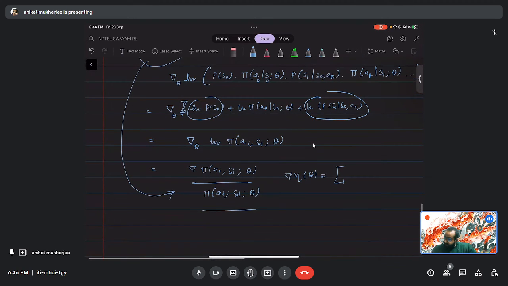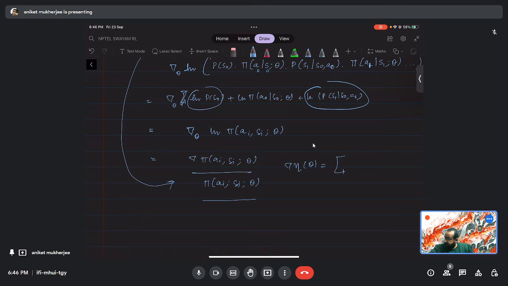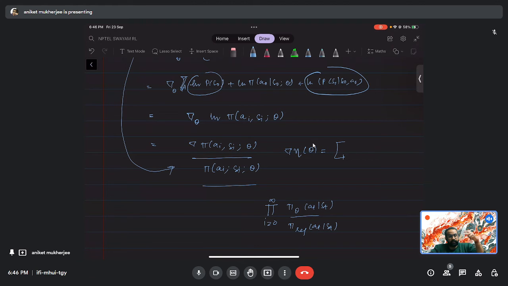There you get the gradient to be... There you have the importance term, the sum from t equal to 0 to infinity of pi theta at a given st by pi ref at a given st. The term inside the log.